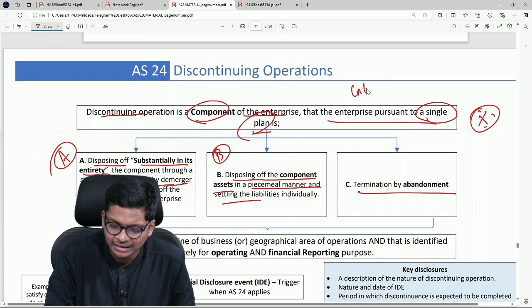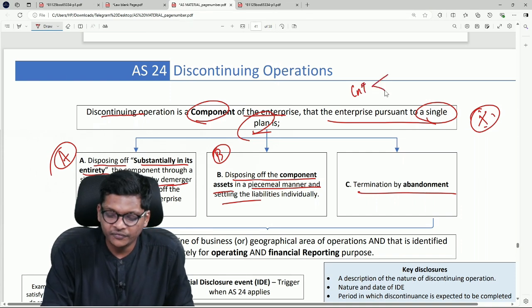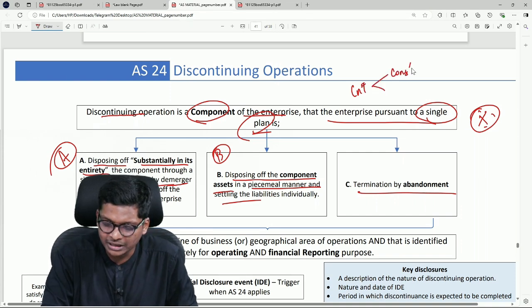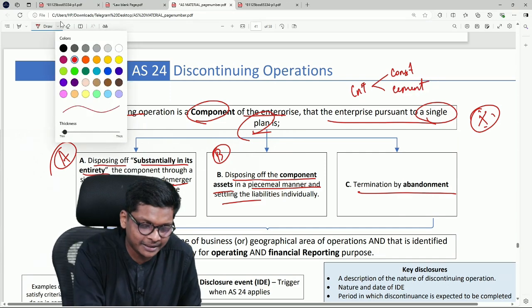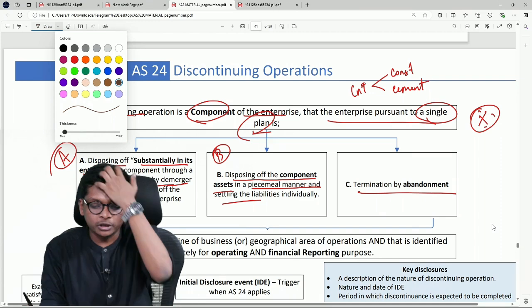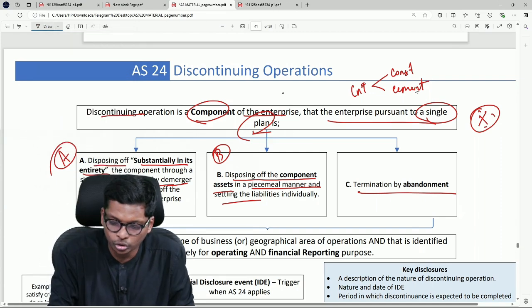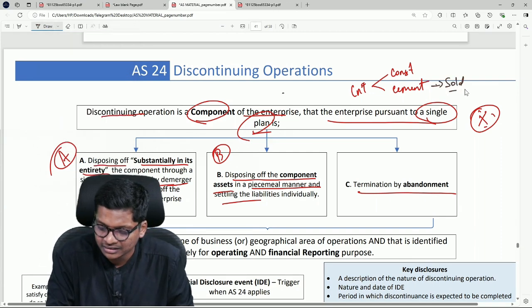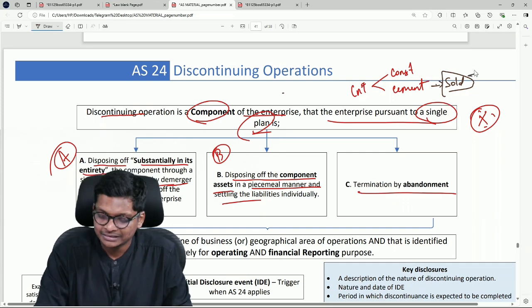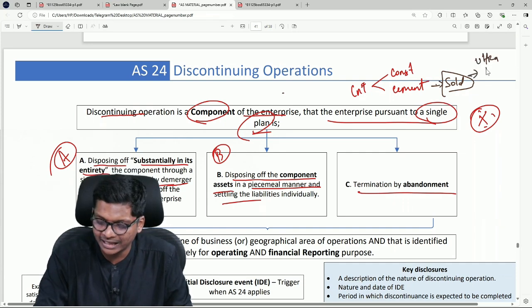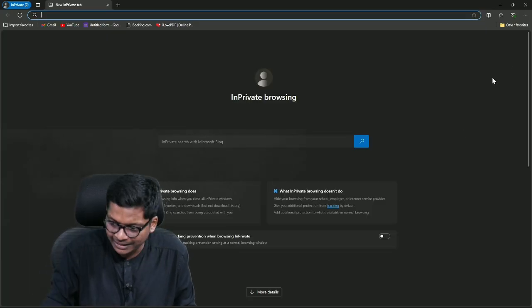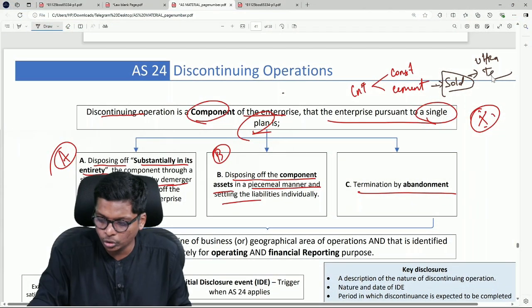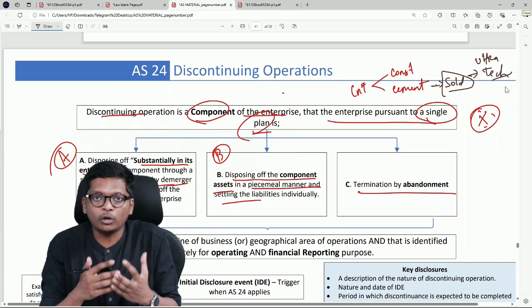Classic example, L&T 15 years back used to do construction and cement business. After some time they decided they wanted to focus only on construction, so they sold the cement business. That cement business only today is known as Ultratech Cement. They did not sell because they had a loss, but they sold it because they wanted to focus more.